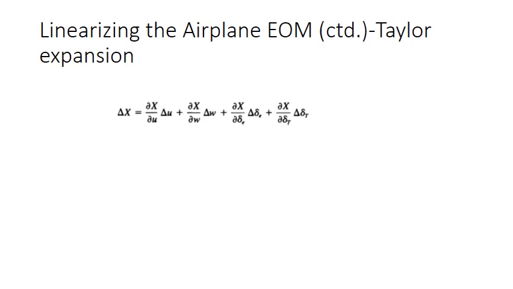Substituting the expression for delta x into the force equation yields the following. So delta x in the x force equation will be replaced by this expression, and the rest of the equation will remain as it was.